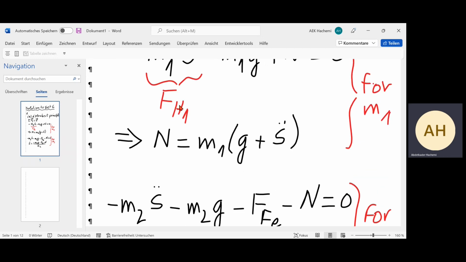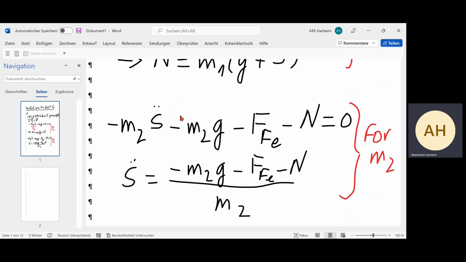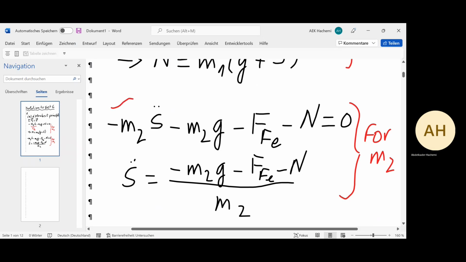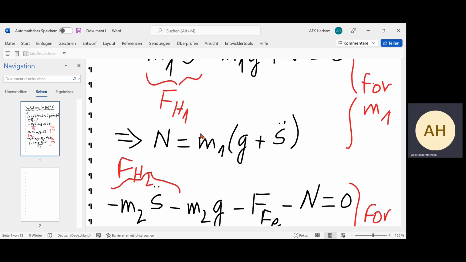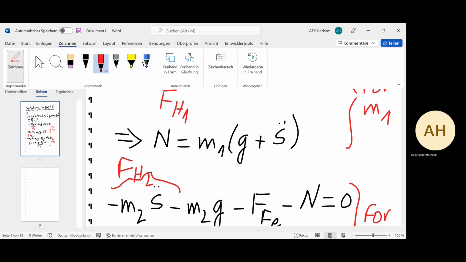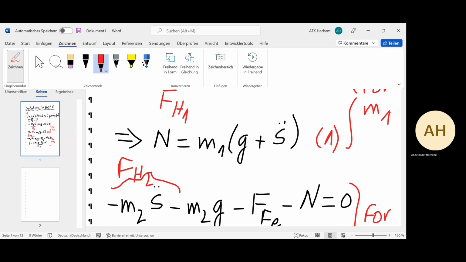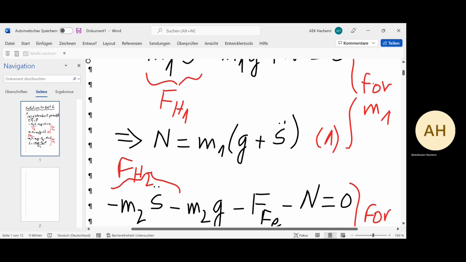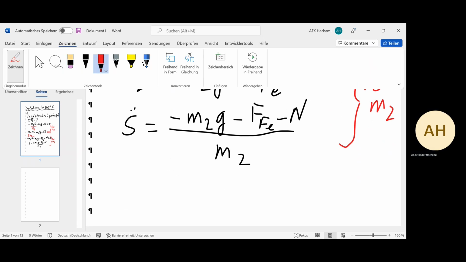Now this is the D'Alembert inertia force for the mass M1, and this one is the inertia force of the mass M2.